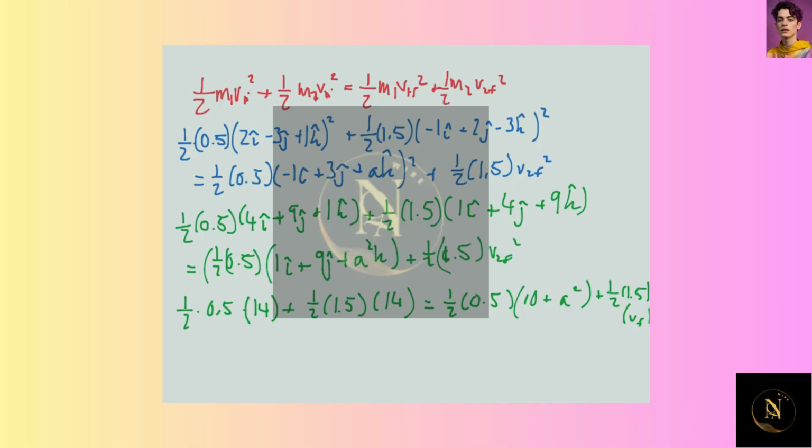Now I already know what A is because I calculated that right here, 3VF minus 8. So what I'm going to do is substitute that in right here, and I get 3.5 plus 11.5 is equal to 1/4 multiplied by 10 plus 3VF minus 8 squared, and then plus 3/4 VF squared.